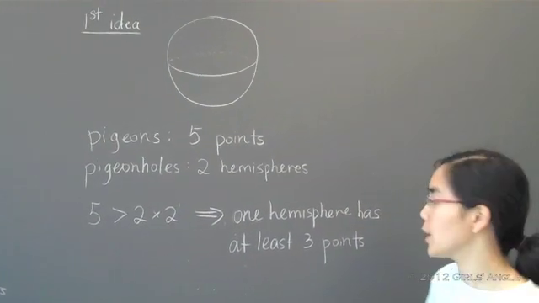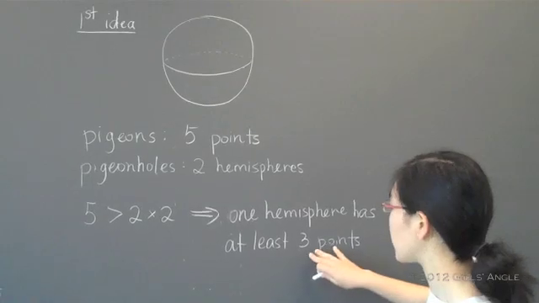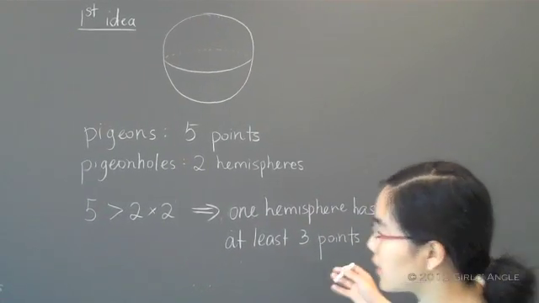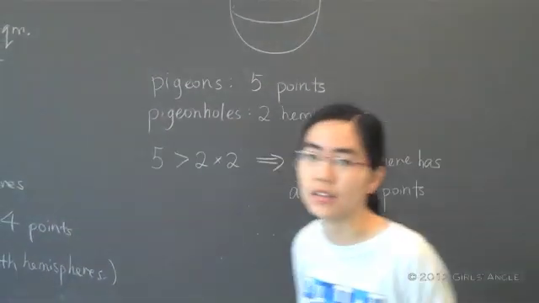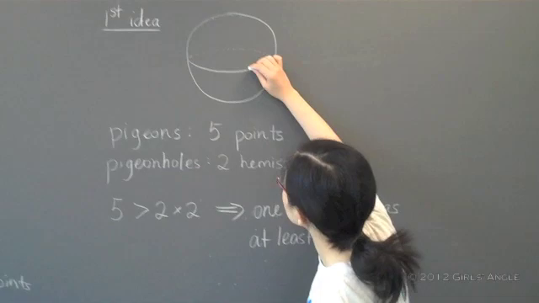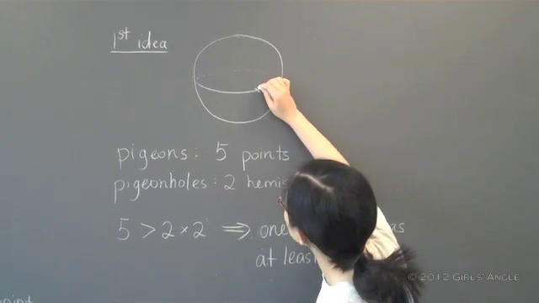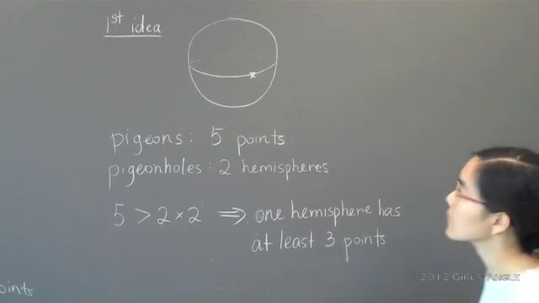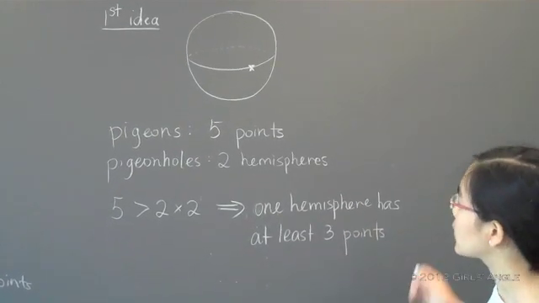Okay, can we improve this so as to get 4 points in one hemisphere? Well, one idea is, since points along the cut belong to both hemispheres, why don't we try to cut it such that we have at least one point along the cut? Well, let's see what happens now.